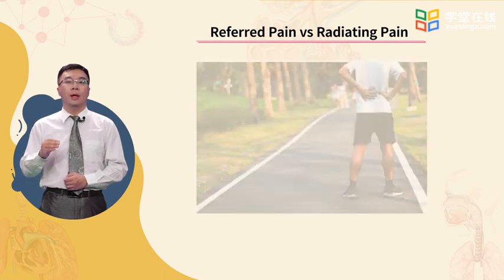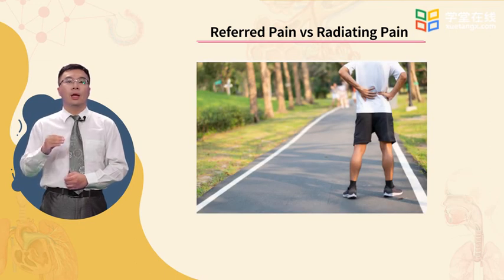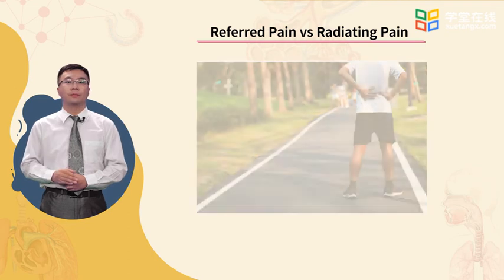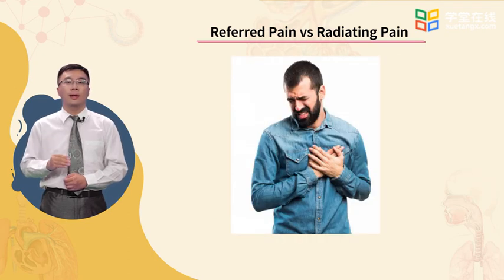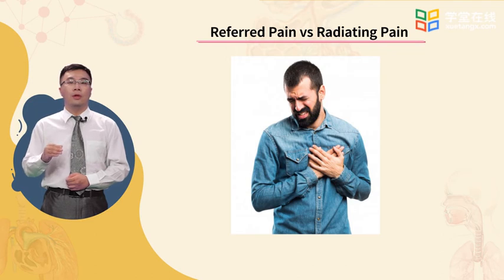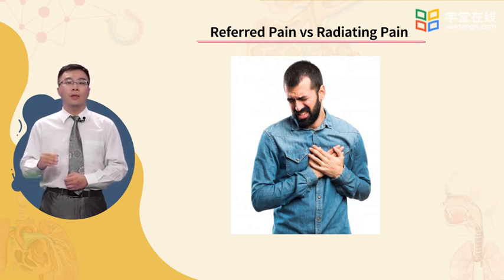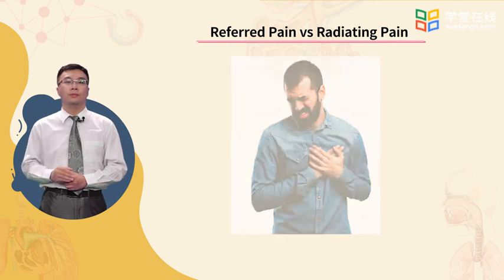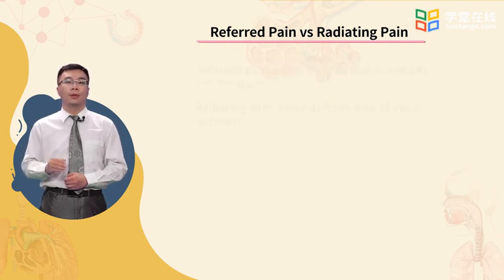If a patient has pain in his lower back, and he can feel it going down to his buttock and down the back of the thigh, we will call that lower back pain radiating to the buttock and leg. Or if a patient has a heart attack or myocardial infarction, the pain is not in his chest, but in his shoulder. We call this referred pain, or ischemic cardiac pain referred to the shoulder. So that is the difference.